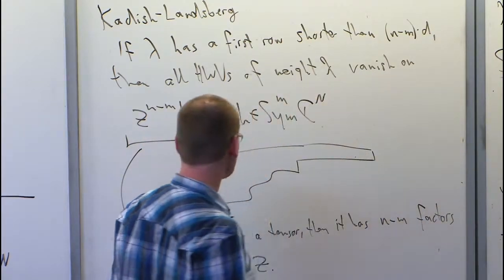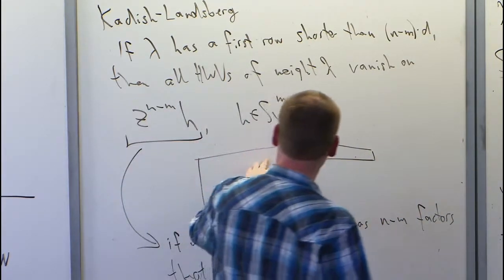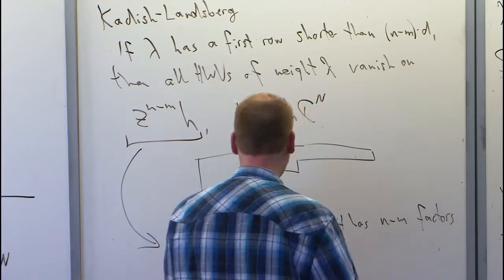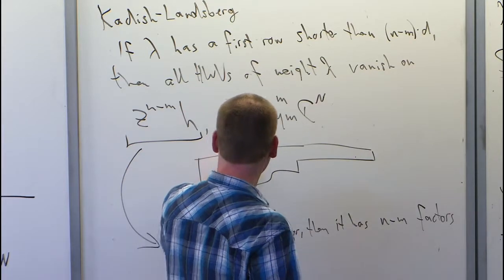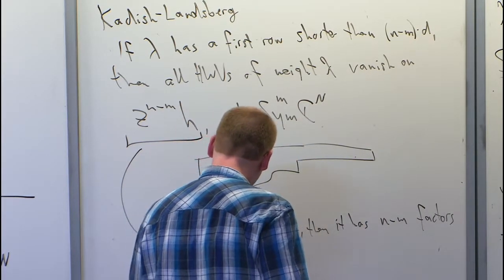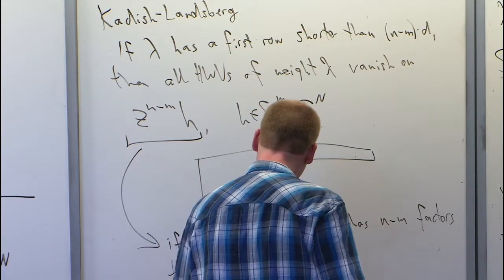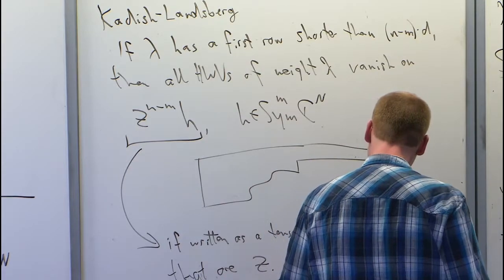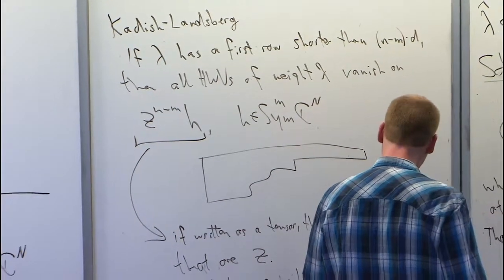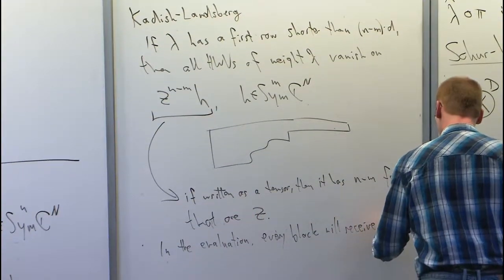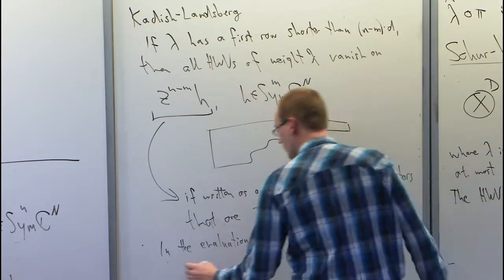It's n minus m factors. And whatever your block arrangement here is, it doesn't really matter how you arrange your blocks. In the evaluation, every block will receive n minus m entries z.